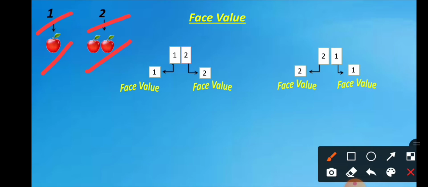Look at here. Here two numbers are given. See, with the help of 1 and 2, one number is 12 and the second number is 21 we have made. So, in number 12, 1 is on tens place. Face value of 1 is 1 only.